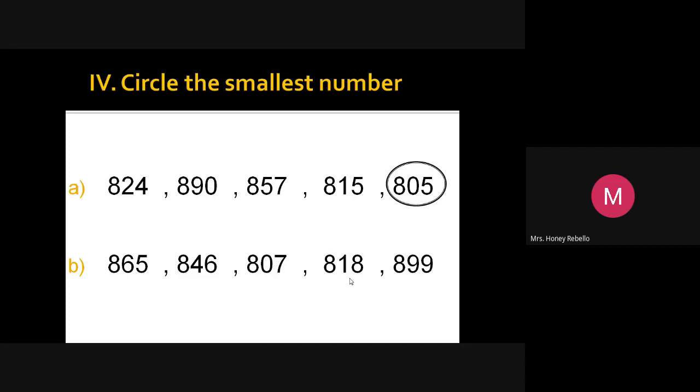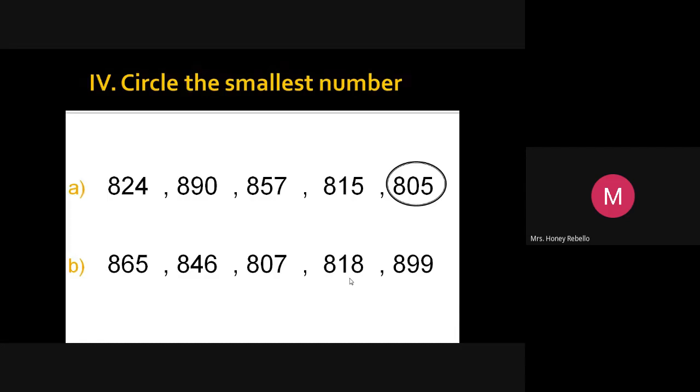Hope you are forming all the numbers in a proper way. 807. Leave one square. Right. 818. Leave a line. 899.